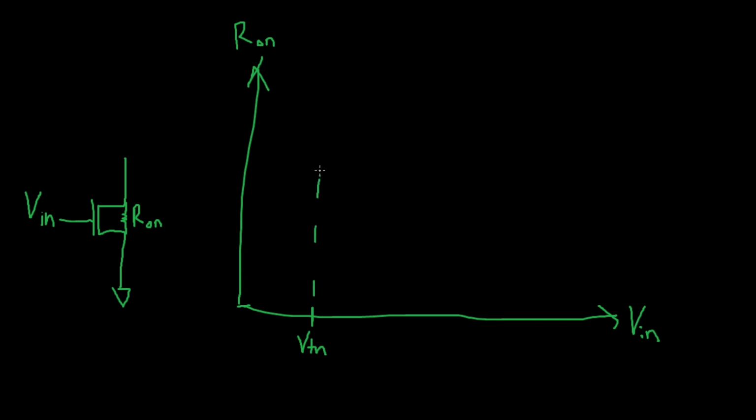Just drawing a dashed line here, that means our R on will have no real answer to the left of this line. This is all high impedance mode. However, as you move to the right of this line, you will see that the resistance quickly drops down, and it's going to level out to some value, and it will continue to slowly decrease as you increase the V in, but not by very much.